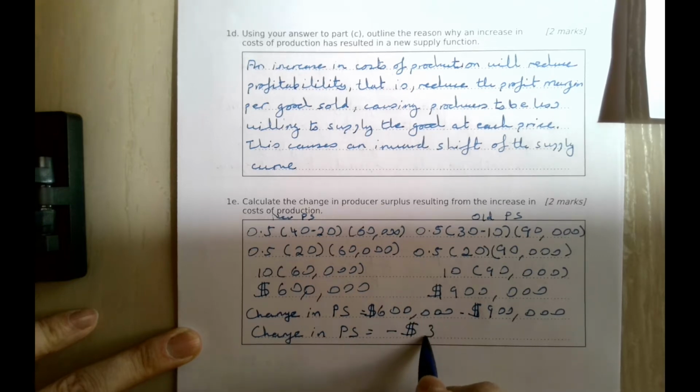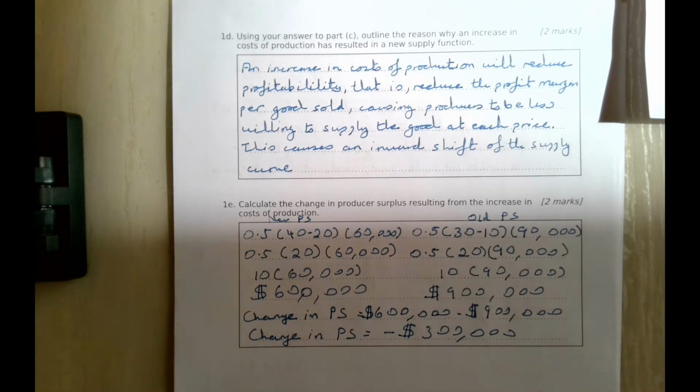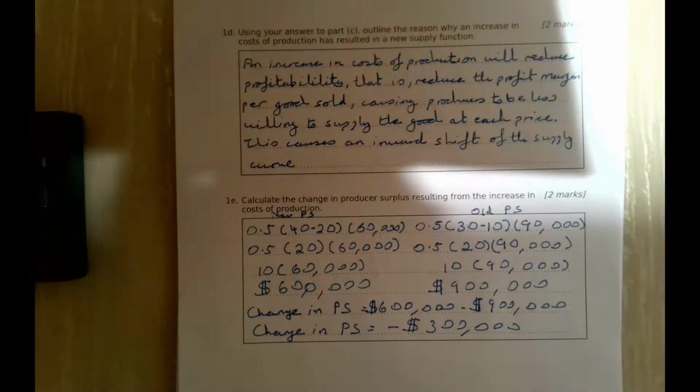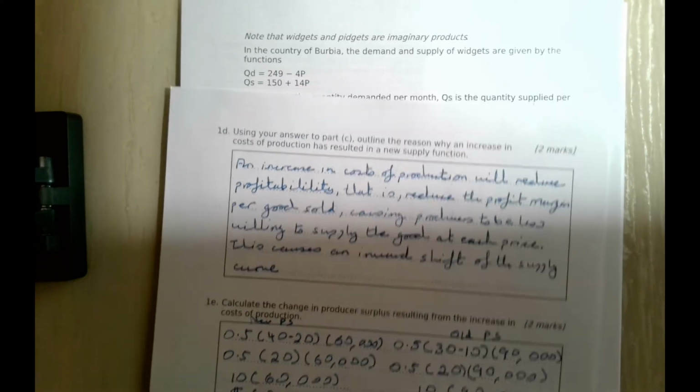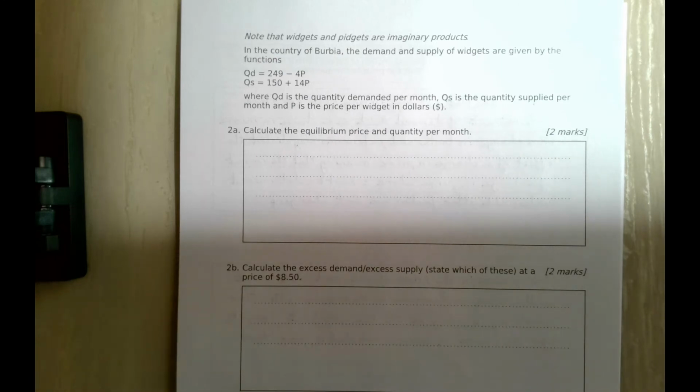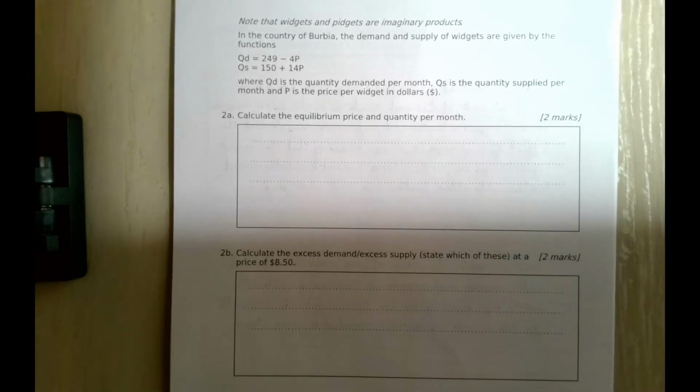The producers are worse off now, and of course they are, because their cost of production has increased. An increase in the cost of production certainly doesn't make a producer better off. I would hope that would make sense, at least logically, and it's always important to understand the logic behind anything that you're doing. So it was minus 300,000.